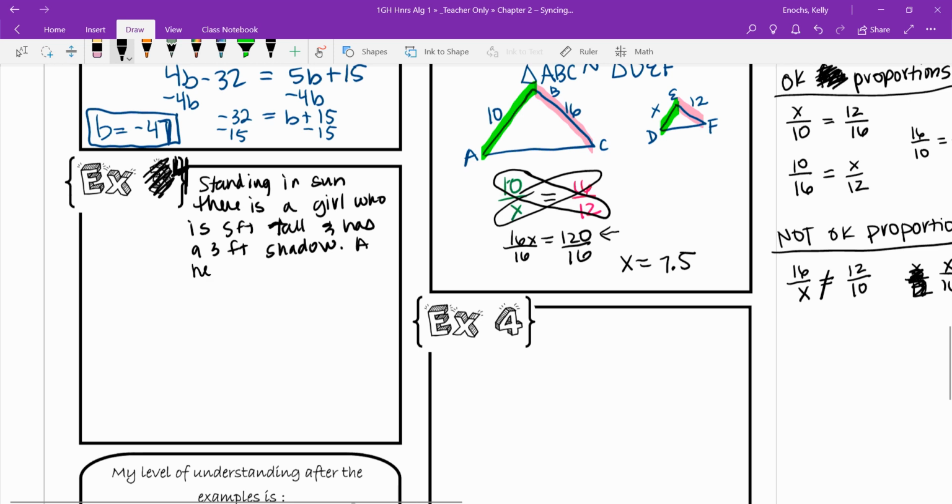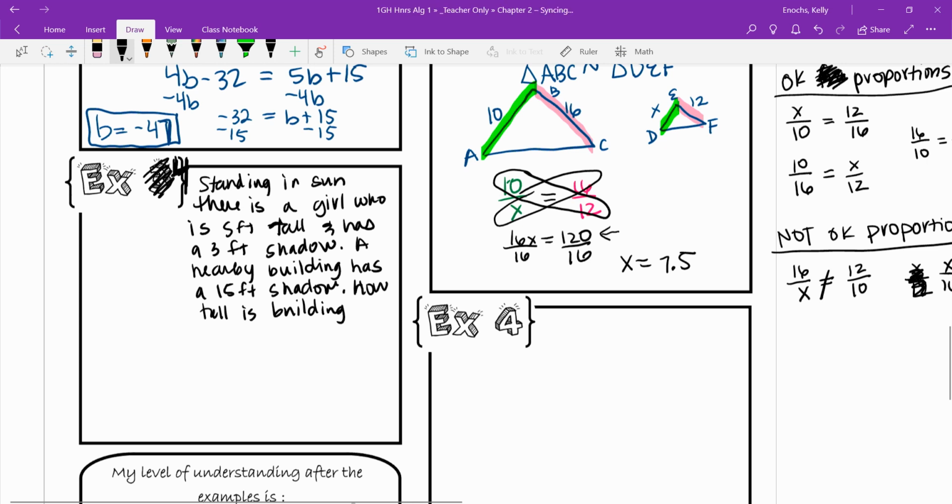A nearby building has a 15-foot shadow. How tall is the building?